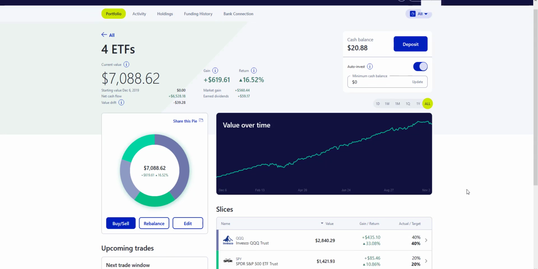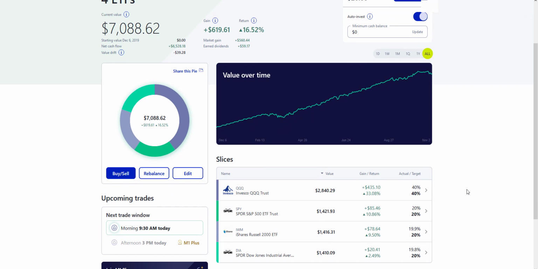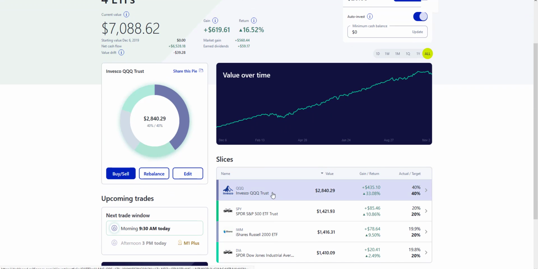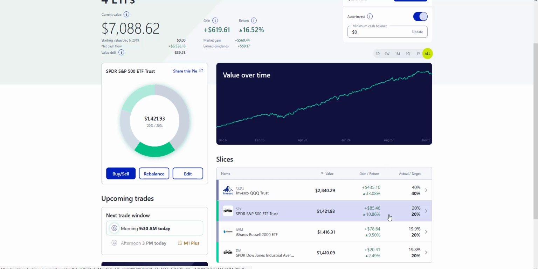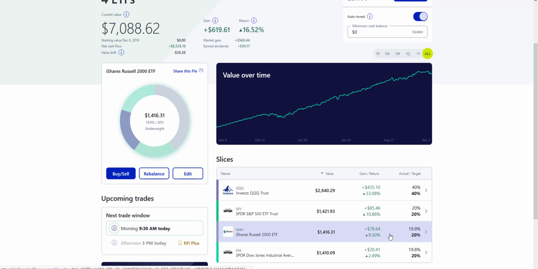If we take a look at the index portfolio, we see that the QQQ, which is a Nasdaq 100 index ETF, still has the highest return of 33.08%, followed by the S&P 500, which is a 10.86% increase for this year, and the Russell 2000 ETF, which has a return of 9.5%.